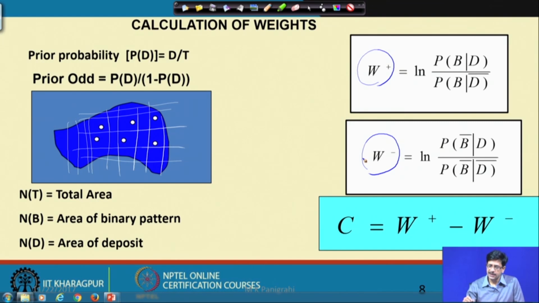Positive weights mean all these cases where a deposit is occurring, and negative weights all these cases where the deposit is not occurring, and it will give me some numerical value that I could assign by combining these positive or negative weights, each with respect to that particular resolution element, or the smallest area that I am dividing it into and considering to be a point.